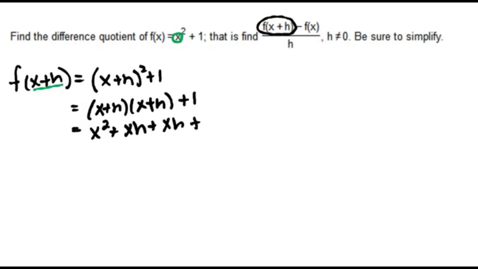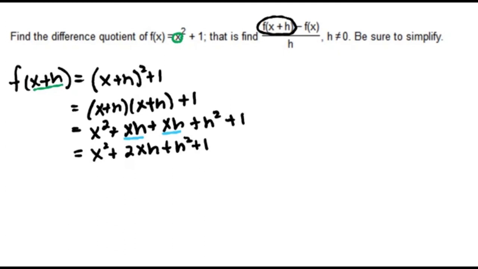H times h is h squared, and once again carry down that plus 1. We do have some like terms that we can combine together. We have two terms with xh. So when we combine those like terms, we get 2xh plus h squared plus 1.